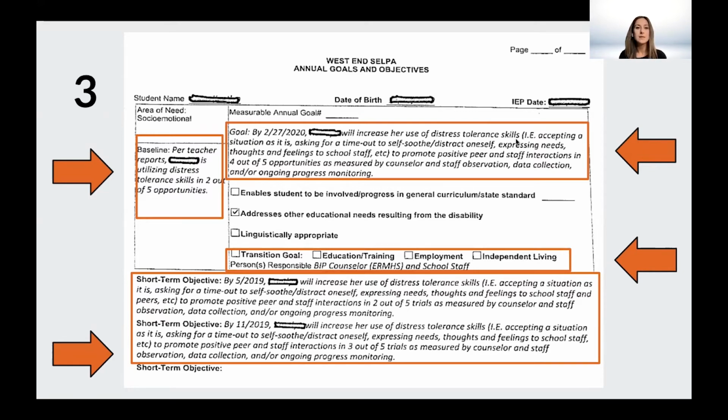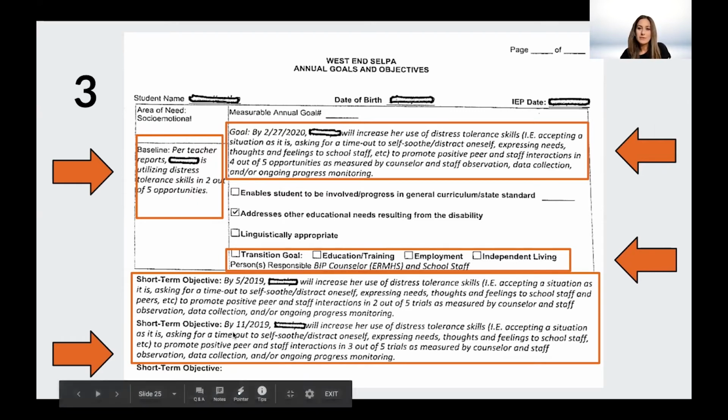So for example, accepting a situation as is, asking for a timeout or self-soothing, expressing needs, thoughts and feelings to school staff, to promote positive peer and staff interaction in 4 out of 5 opportunities as measured by counselor and staff observation, data collection, and ongoing progress monitoring. And again, there is a space for listing people responsible for tracking the specific goal and what the short-term objectives are.